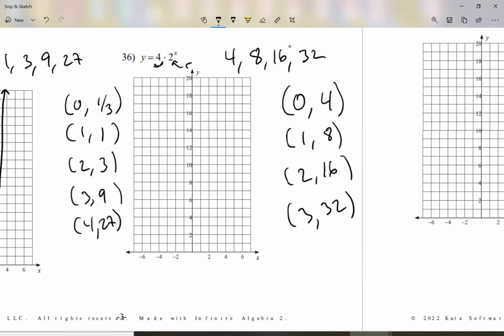My first point is 0, 4, and then 1, 8, and then 2, 16. 32 and beyond, I'm not going to be able to graph that. So I'm going to say, all right, this thing starts very close to x, doesn't cross the x-axis, and it's going to go like this.